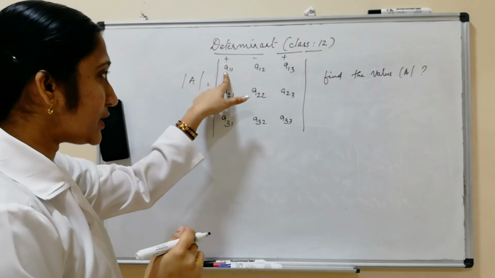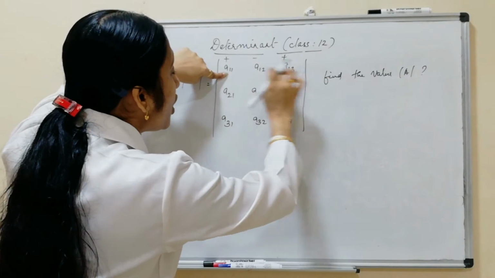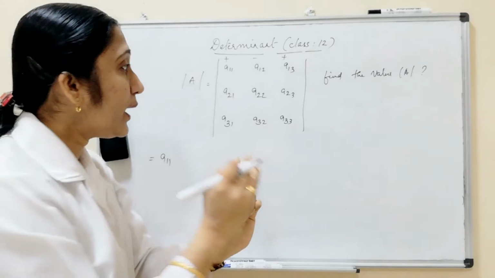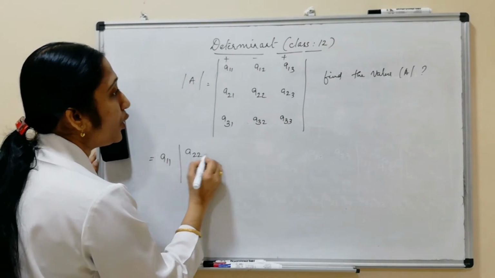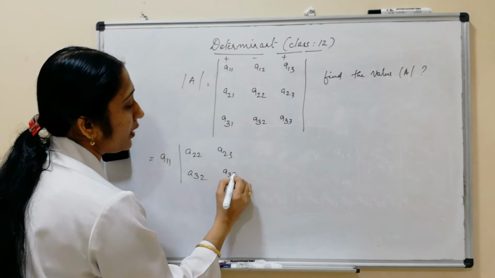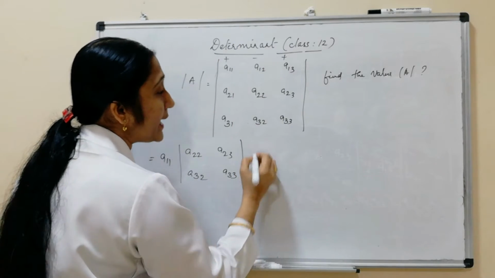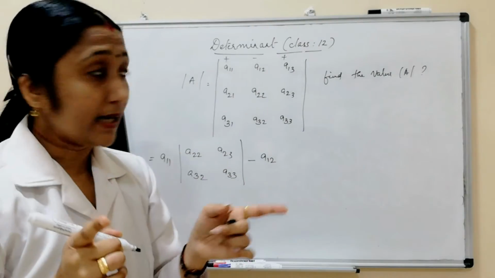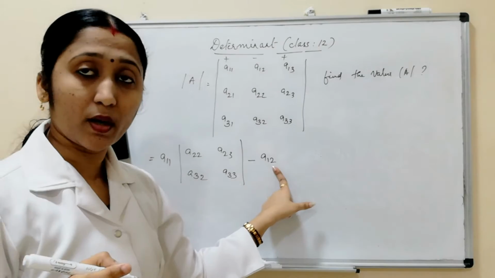The row and column containing this element will be removed, and you take the remaining part: A22, A23 and A32, A33. Next is minus, and the next element is A12. So listen: first plus A11, the second element is minus A12.